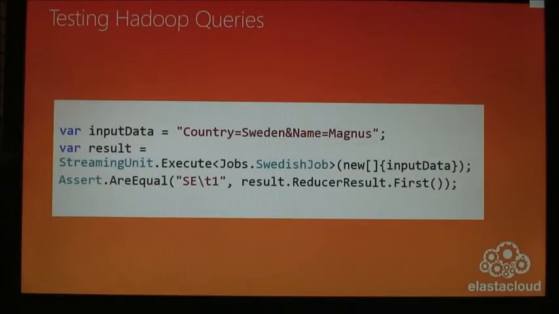Because you're emulating that, you can step through this in Visual Studio. You can actually get real-time step-throughs of all of your classes. So here you can see that we're asserting the result of the very first result from the reducer is matching this strange SE tab 1, and that's because Hadoop emits things as key values by tab separating things. It is based on strings fundamentally.